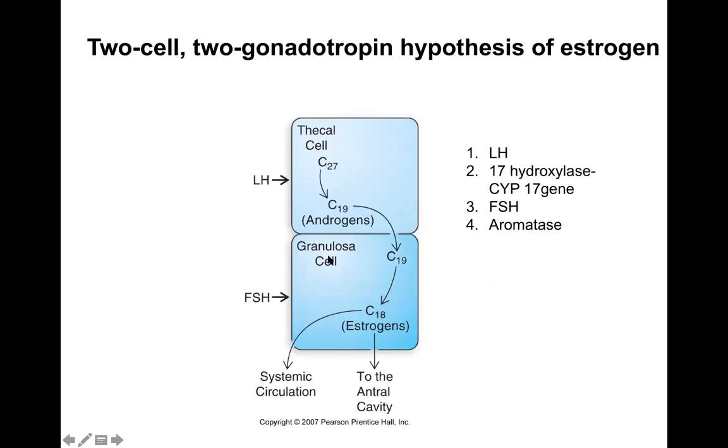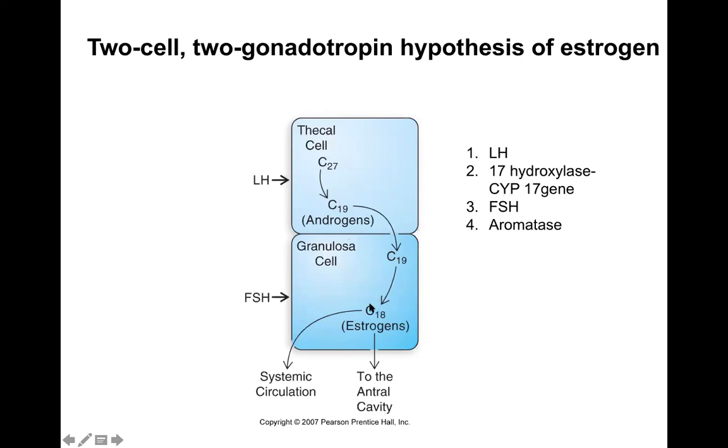Granulosa cells, on the other hand, have very little or almost no capacity to produce these androgens. So this conversion requires the enzyme, and once the androgen is produced, it migrates to the granulosa cell next to it.